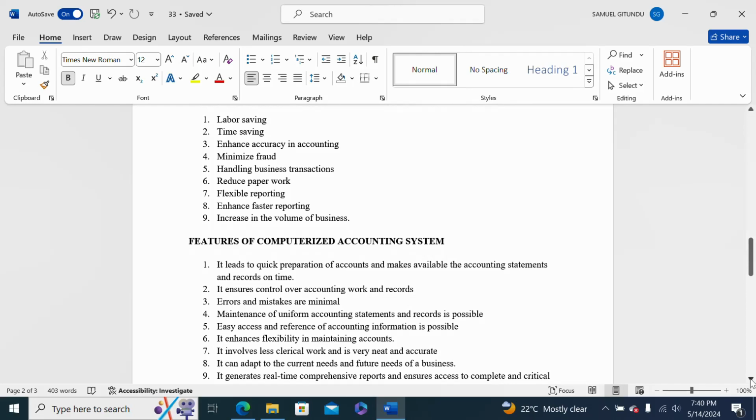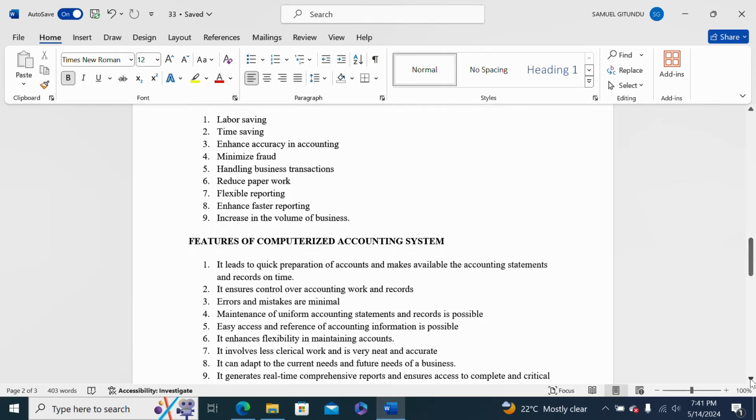When you're using a computer accounting system, you are able to produce neat work rather than when you're using books. For example, if an accountant is writing a transaction in a book using a pen, you cannot compare that kind of work with the work that is produced by a computerized accounting system, for example, printed work.